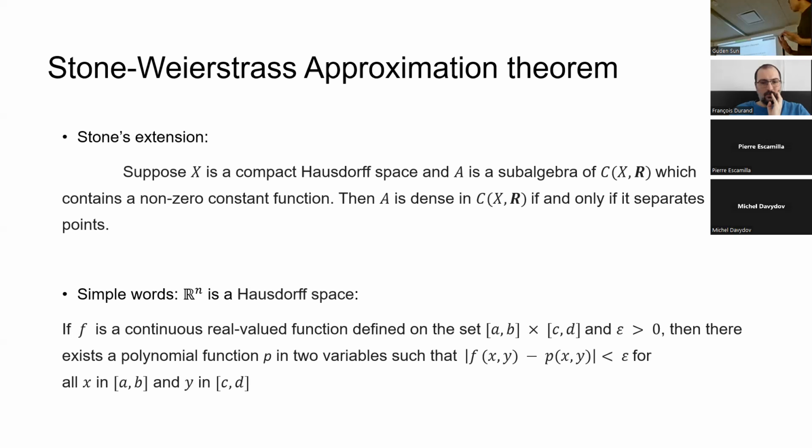Then if you meet a continuous real valued function, here we discuss the two-dimensional case, defined on a domain of rectangle, then there exists such a polynomial function of two variables. So you can do the approximation. You can do a very good approximation.